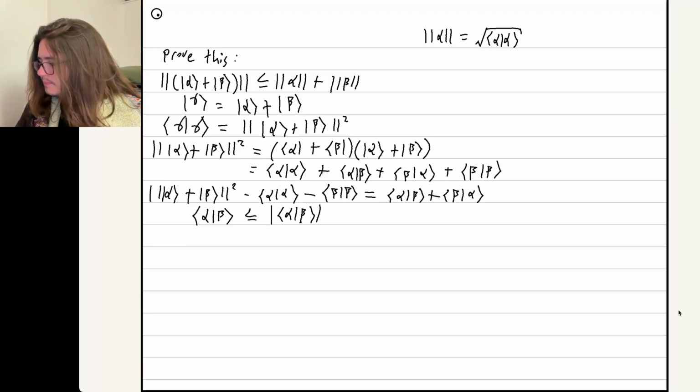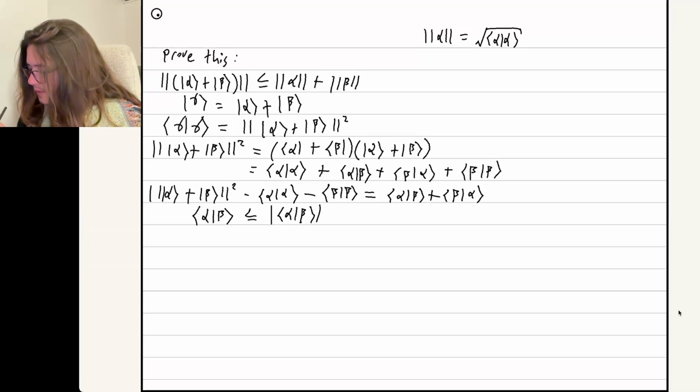But the point is that either it's going to be exactly equal to just the inner product if alpha and beta are both real, or it's going to be less than that, because on this side you'll have imaginary components if both alpha and beta are complex, and over here you'll have none. So less than or equal to.